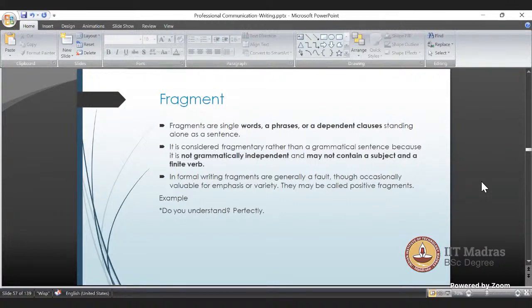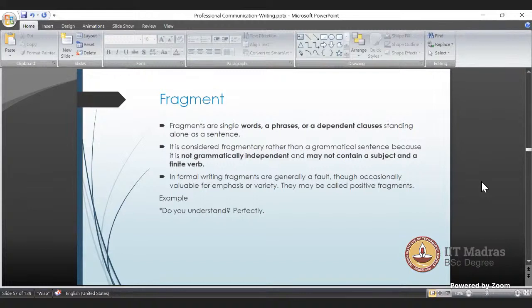In formal writing, we do not allow for too much use of fragments. It's only occasionally allowed, if you are planning to add some variety to the writing, again depending on what medium and purpose you are choosing to write and communicate.